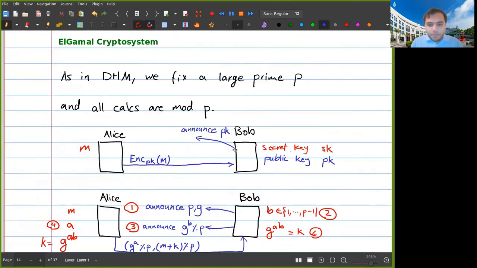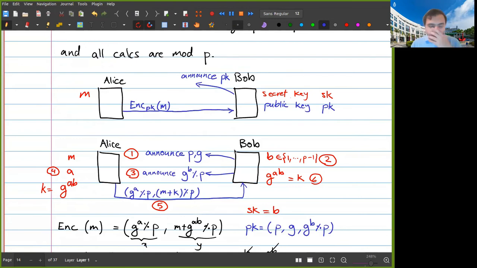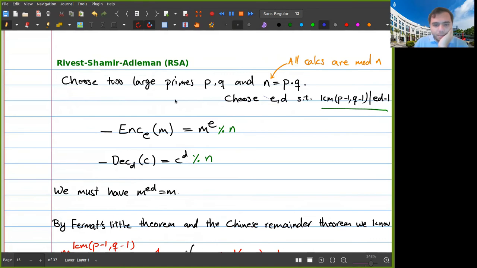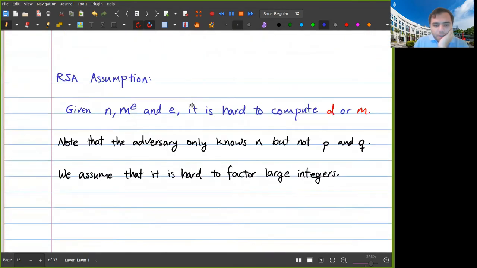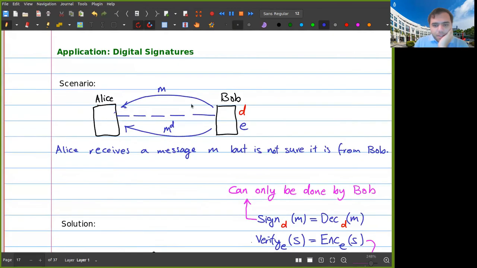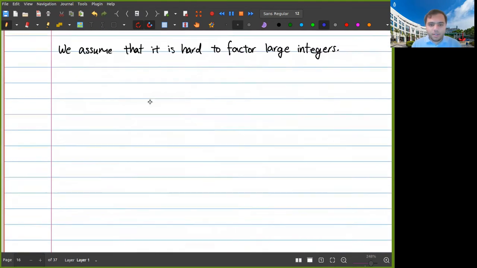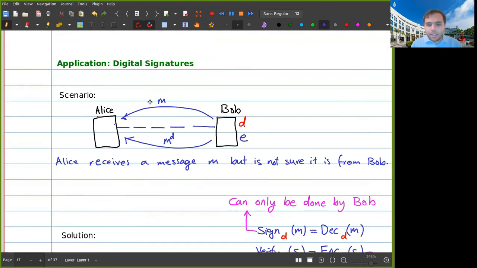Okay. But here's another thing. When we were doing RSA cryptography, one really nice observation that we had there was that we can basically use this for digital signatures, right? And the idea there was that Bob has a private key or decryption key D and a public key or encryption key E, right?